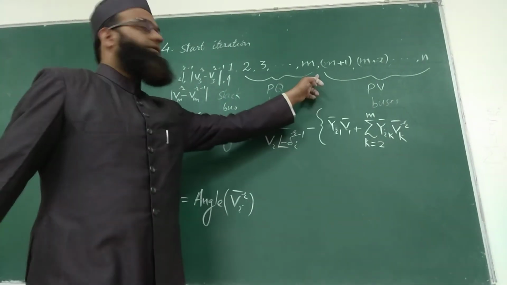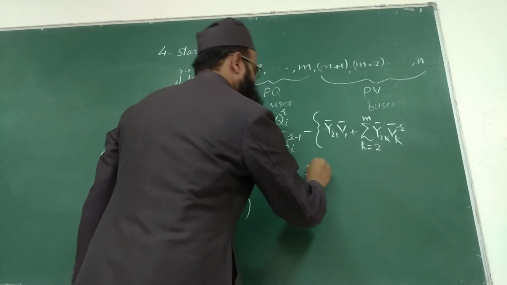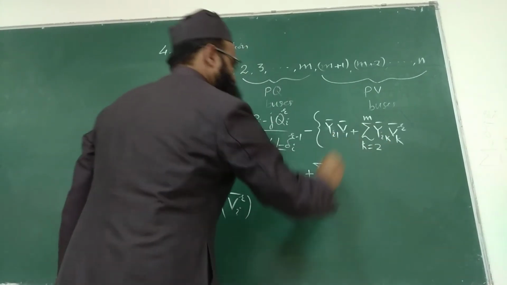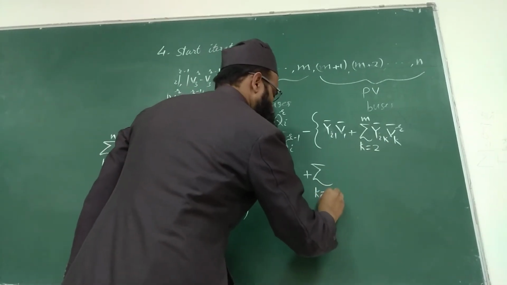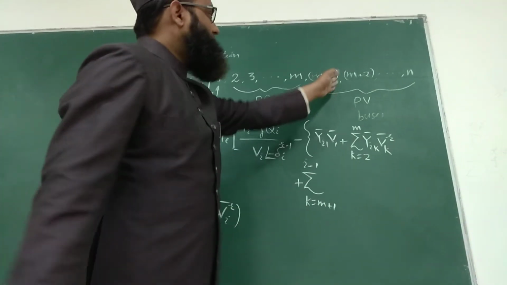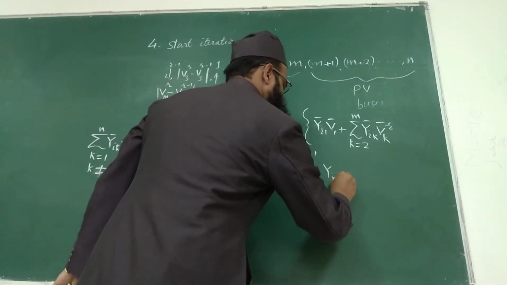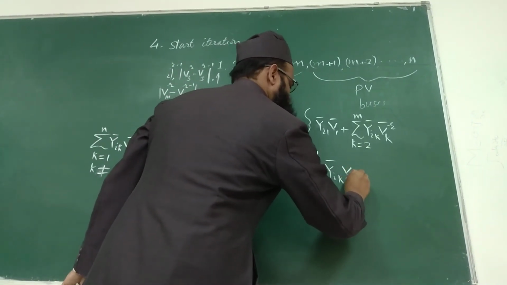So we have reached till here. So remaining will be plus K equal to M plus 1 to I minus 1. Up to I minus 1, R will be there. So it will be YIK VK.